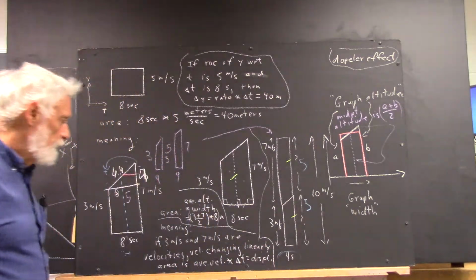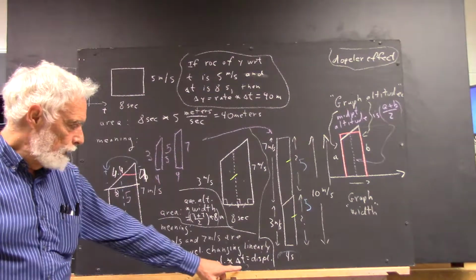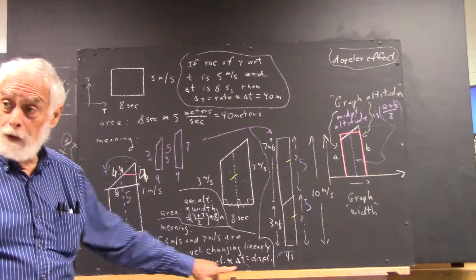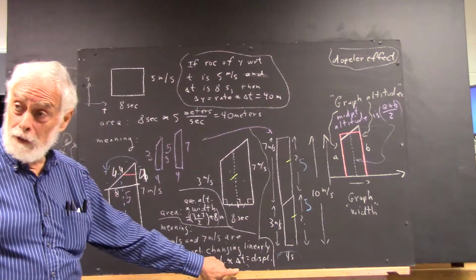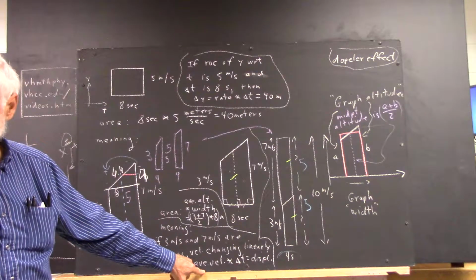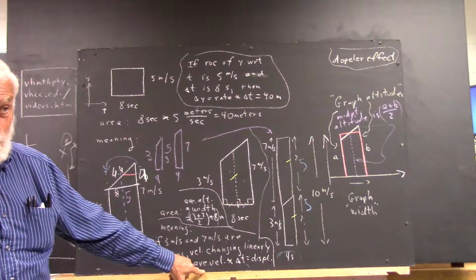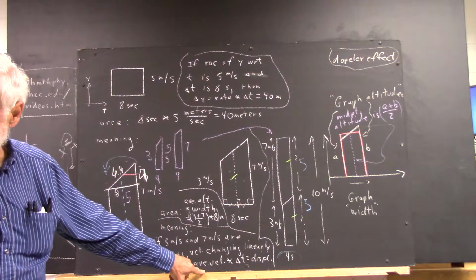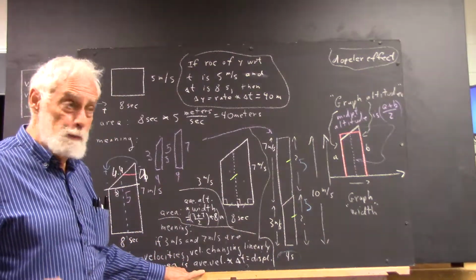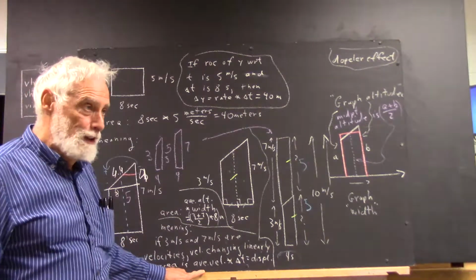So I'm going to conclude that the area is average velocity times your delta t, your time interval. And if you multiply your average velocity by your time interval, average velocity is average rate of change of position with respect to clock time, it turns out. Okay? Now we incubate that for a while, so if you don't totally understand that the instant you hear it, you're going to have plenty of opportunity to let it incubate.